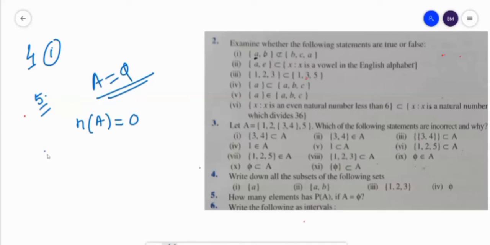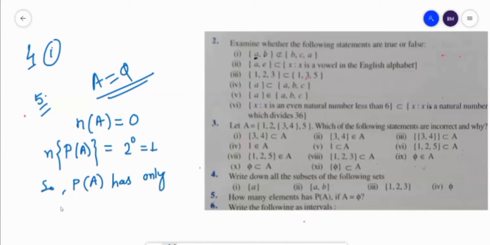So the number of elements in the set P of A, that is the power set of A, the set of all subsets, will be 2 to the power 0 equal to 1. Okay, so P of A has only one element. This is the answer of number 5.